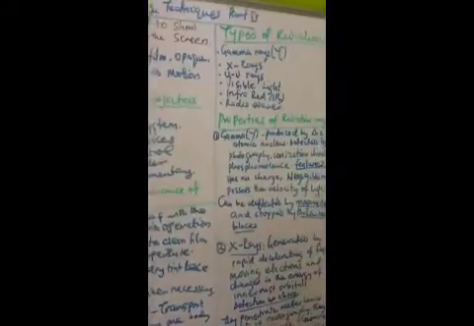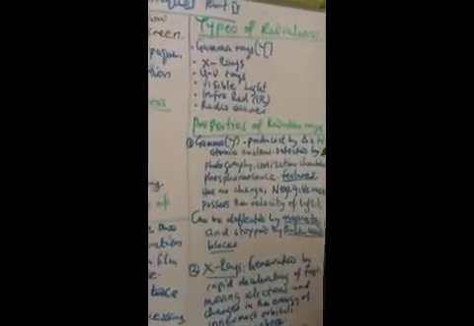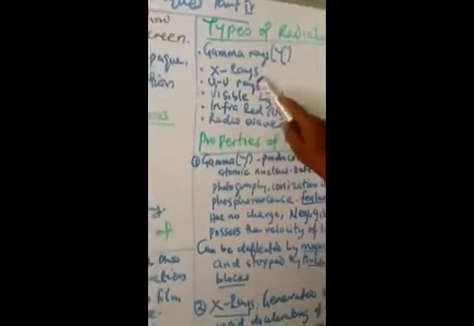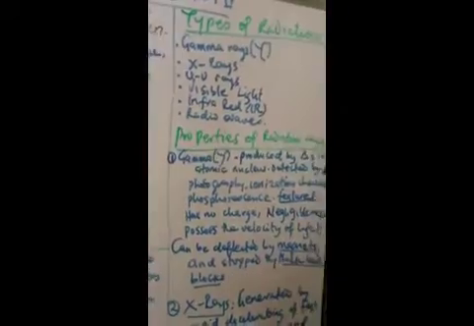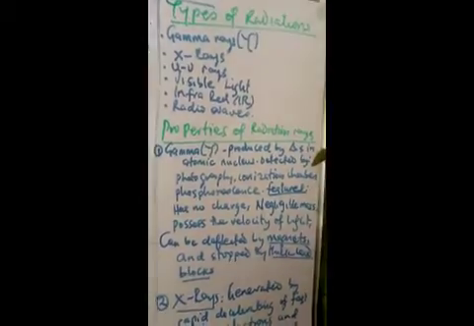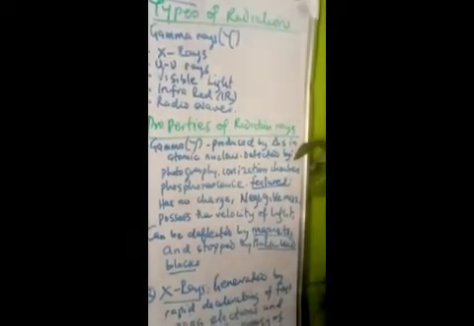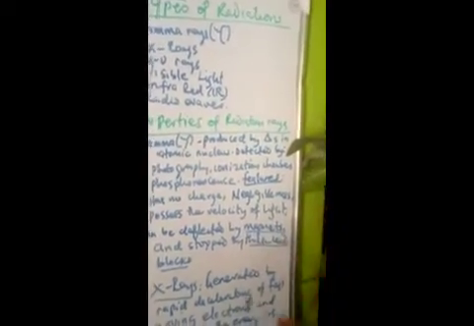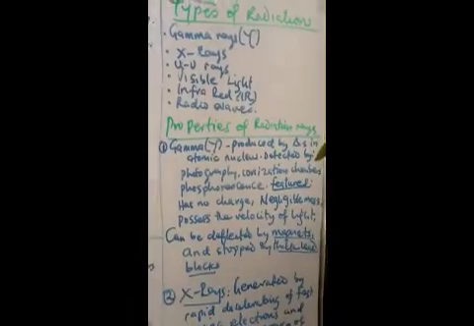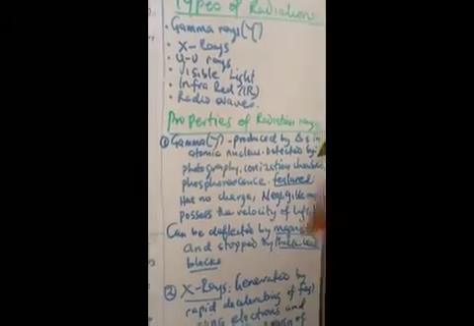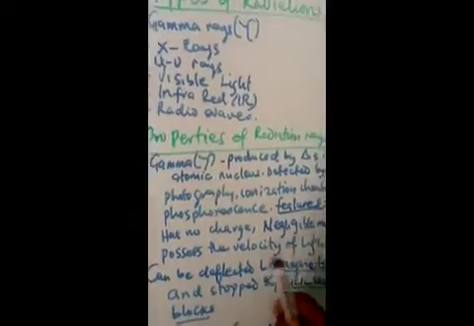Thirdly, we can look at ultraviolet rays. They are generated by orbital electrons of atoms in high voltage discharge tubes. Like the fluorescent tube, which is a discharge tube.